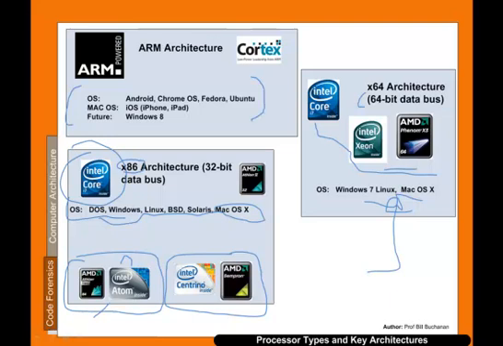So ARM licensed the technology to chip manufacturers such as Samsung, who produce the chips, and then they are used in a wide range of devices. So we're now seeing it in Android, Chrome OS, Fedora, Ubuntu and many more. It's used within Apple iOS, such as in the iPhone and the iPad, and it's likely that the next release of Windows, Windows 8, will support the ARM architecture.